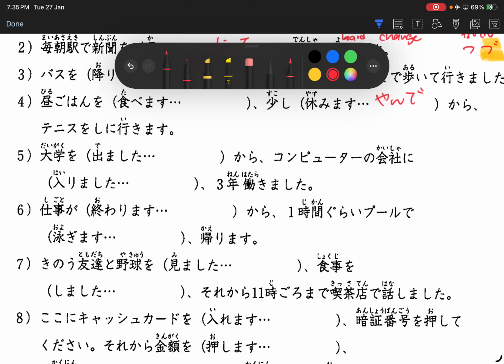The word is コンピューター. Very good. So 大学を出てから, right? 出てからコンピューターの会社に入って3年ぐらい働きました. Right? There's a word for leaving school honorably.